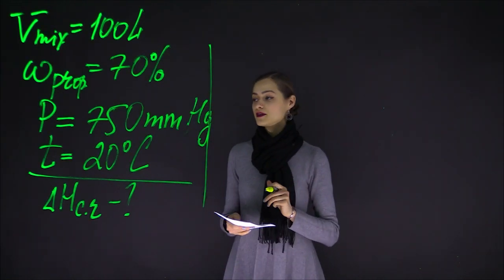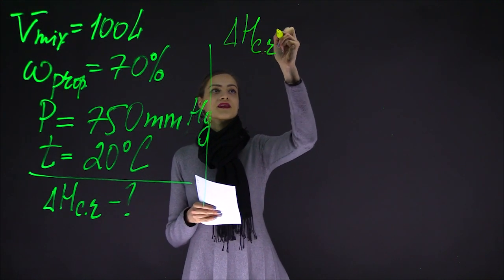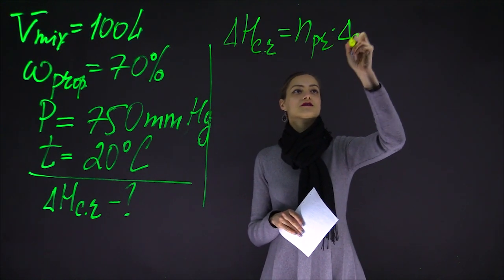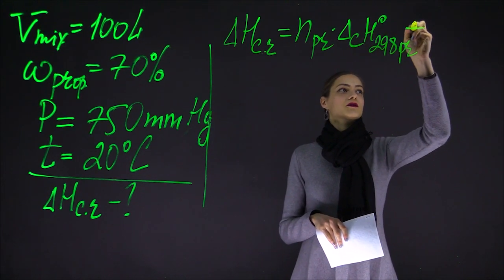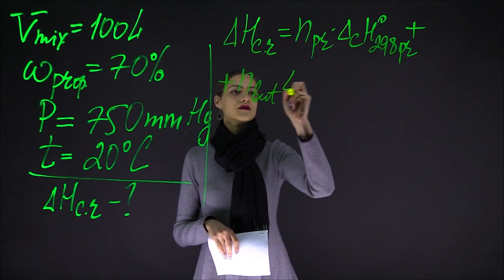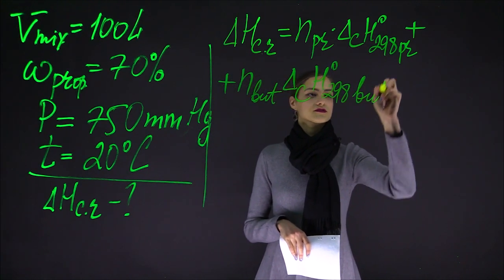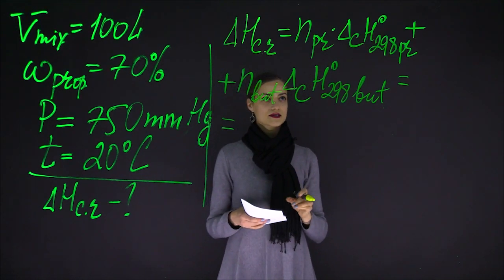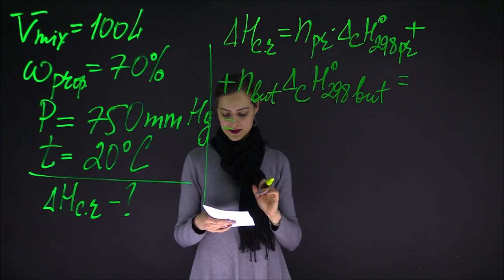And finally, we can calculate the heat effect of the combustion reaction. As I already said, it is the number of moles for propane multiplied by the standard heat of combustion for propane, plus the number of moles for the second gas multiplied by the standard heat of combustion for butane. According to table data, we take the standard heat of combustion for both gases.